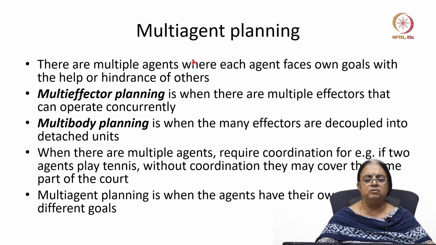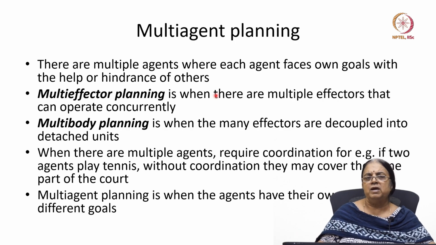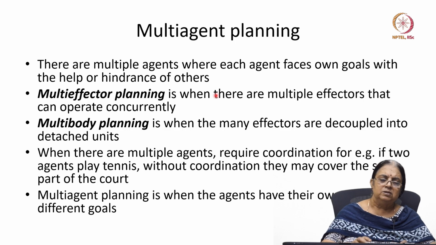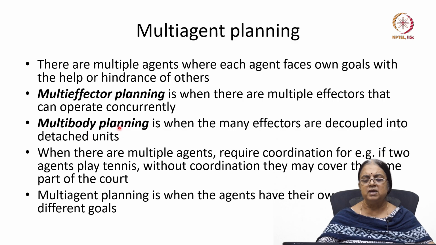You also have things like multi-effector planning, where you have multiple effectors. The same planner or the same agent can have different effects from it. Or you can have multi-body planning, where you have various decoupled agents which work. When two agents have to coordinate with each other, you have to consider the coordination between the agents.